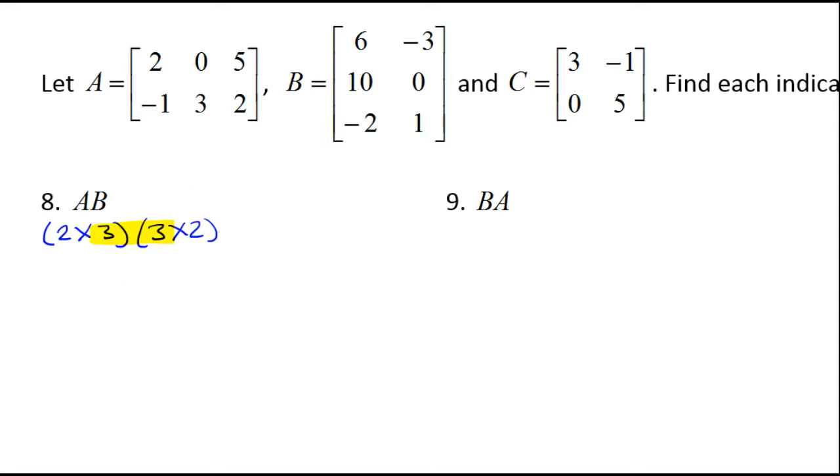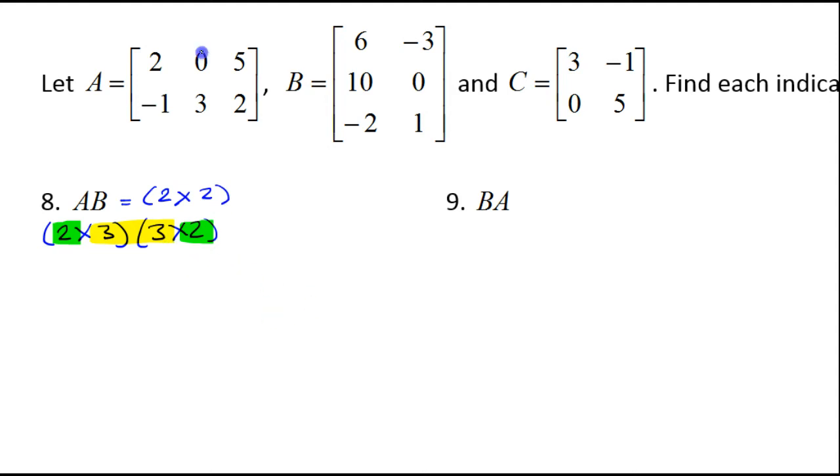It is possible. Now, to know the dimensions of the product, your final answer, look at the outer dimensions. So the outer dimensions are 2 by 3. So matrix AB is going to be a 2 by 3 matrix. I'm sorry, the outer dimensions are 2 and 2. So the outer dimensions tell you that the product is a 2 by 2 matrix.